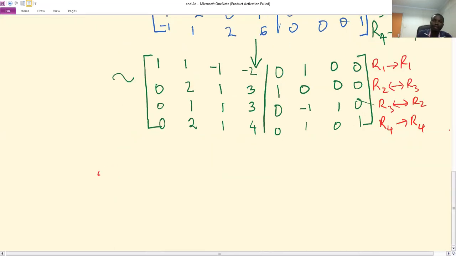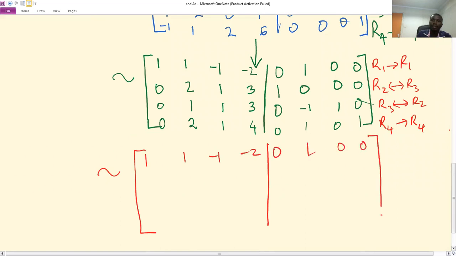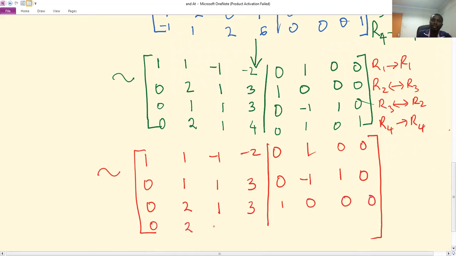That will give an equivalent matrix 1, 1, minus 1, minus 2, 0, 1, 0, 0. Here we have 0, 1, 1, 3, 0, negative 1, 1, 0. Now 0, 2, 1, 3, 1, 0, 0, 0, and 0, 2, 1, 4, 0, 1, 0, 1.